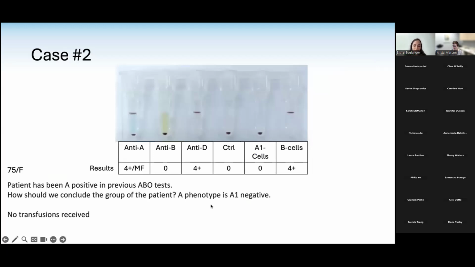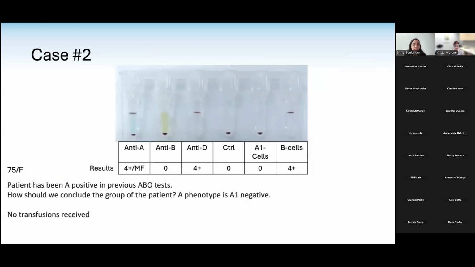So that first case was very interesting, and we have a second case. This was a 75-year-old female patient. This patient has been A positive in the previous historical group. How should we conclude the group of this patient? And this is what we are having.